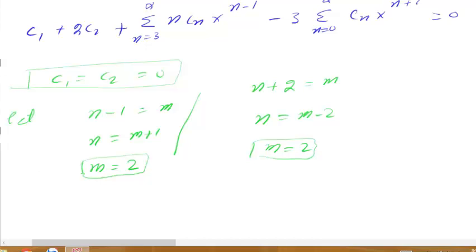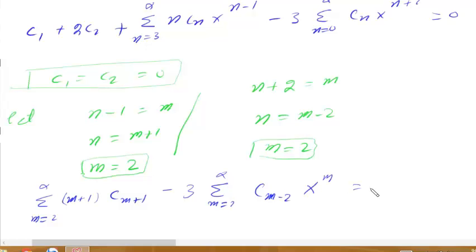Then this is equal to the summation from m = 2, with m + 1, times cₘ₊₁, minus 3 times the summation from m = 2 to infinity of cₘ₋₂, xᵐ, equal to 0.